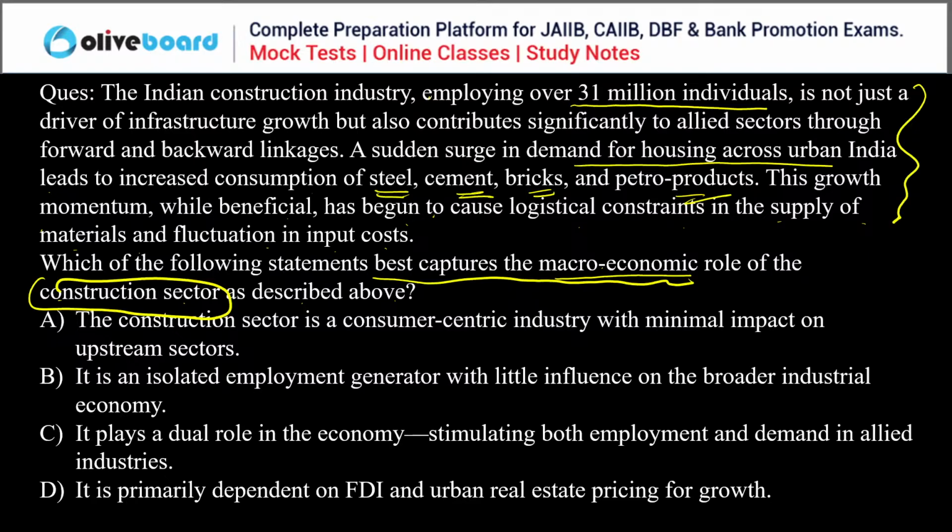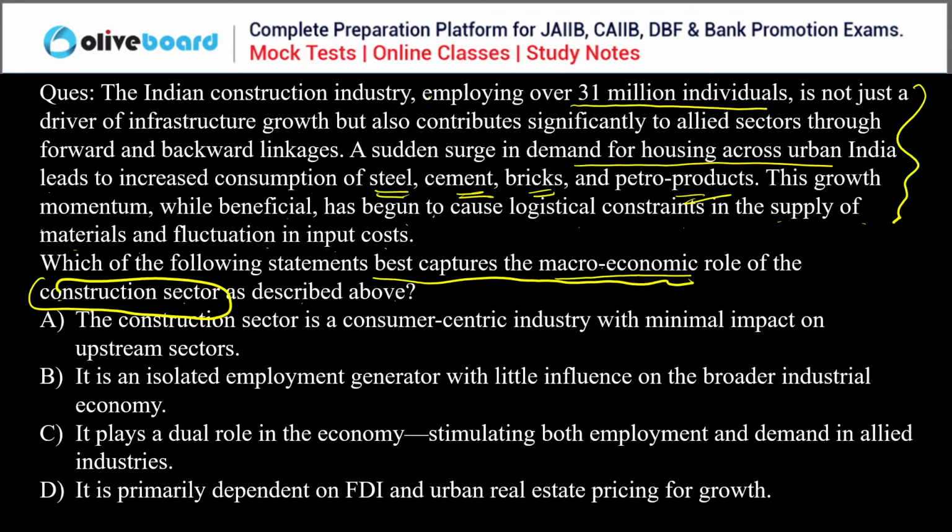First of all, this para is clearly stating that Indian construction companies employ over 31 million individuals. This is very helpful in infrastructure growth and also contributes to the allied sectors. There is an example given in this para of a sudden increase in the demand for housing in the urban areas.